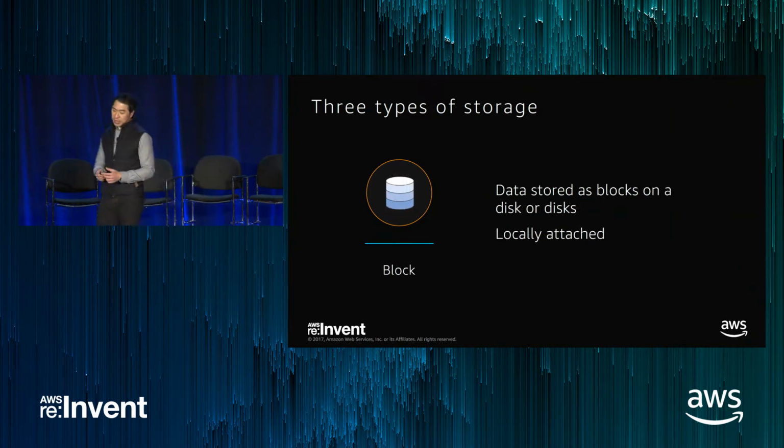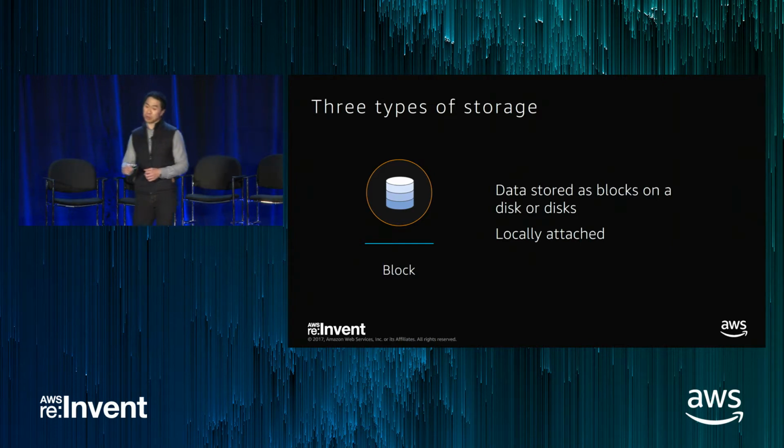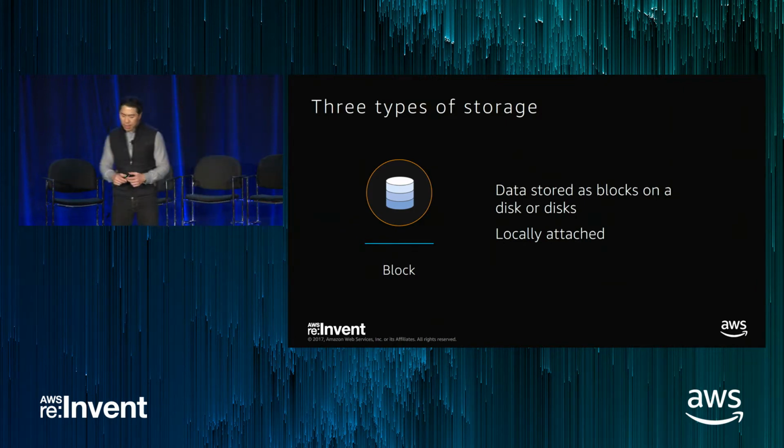In block storage, it's a disk or a set of disks in which data is stored directly as chunks called blocks. And these disks, or a set of disks, are typically connected to a single host. You can think of it as locally attached storage.